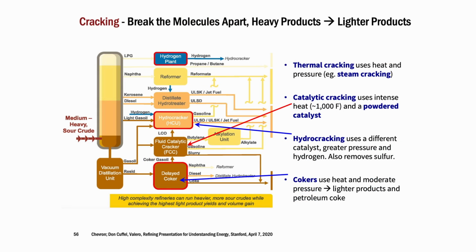In order to upgrade the oil, to get some of those lighter fractions that we want, like gasoline, like jet fuel, we have to break apart those hydrocarbons and make them shorter chains. And so we do that in a few different ways. There's thermal cracking, catalytic cracking, hydrocracking. These are just different ways of breaking those hydrocarbon bonds to make them shorter chains to upgrade the oil that we have.